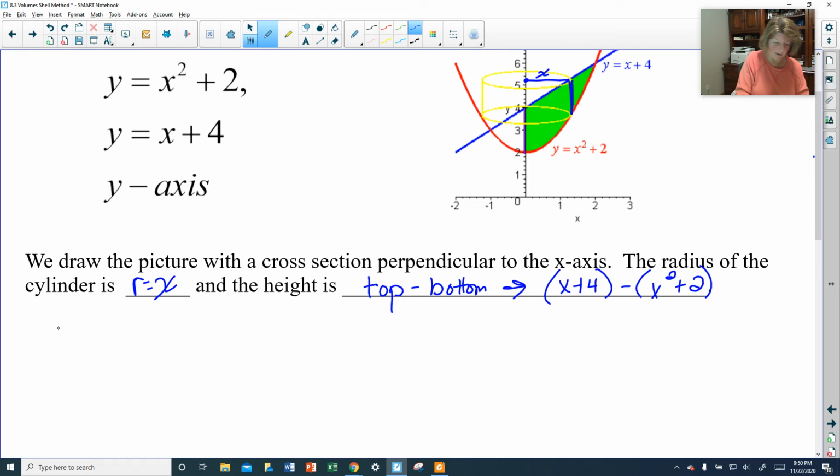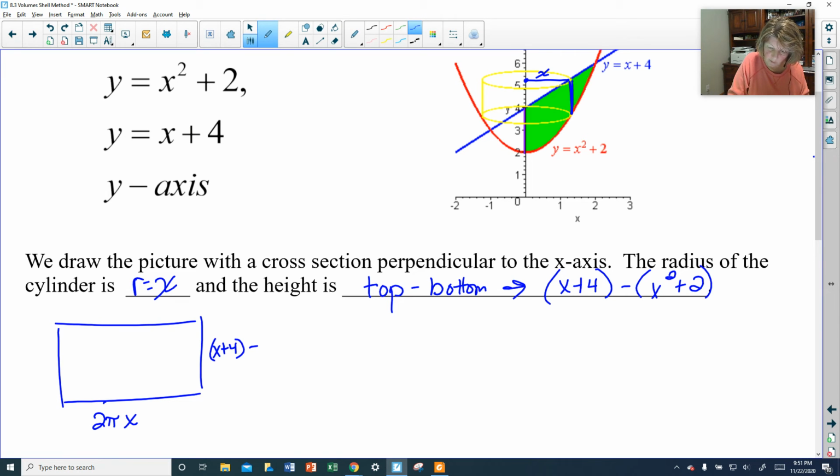Now if we think about our representative rectangle, unfolding that cylinder, this length here would be 2 pi x, and the height is x plus 4 take away x squared plus 2. This would be our height, this would be our length. And then we multiply it by the thickness, which in this case is a dx.